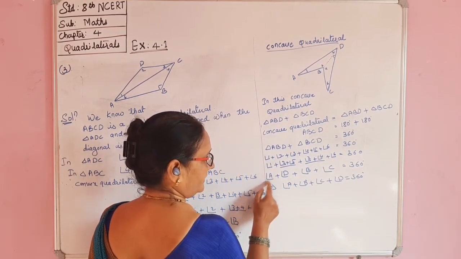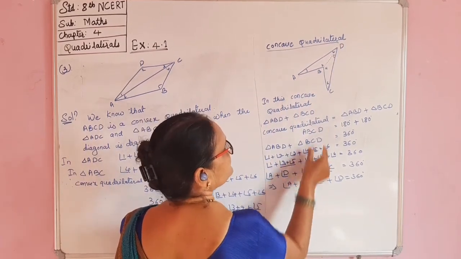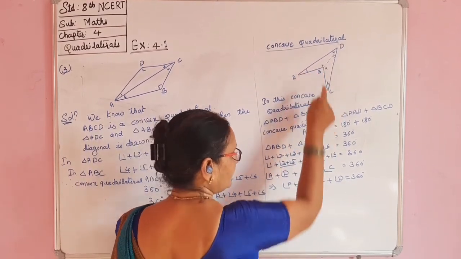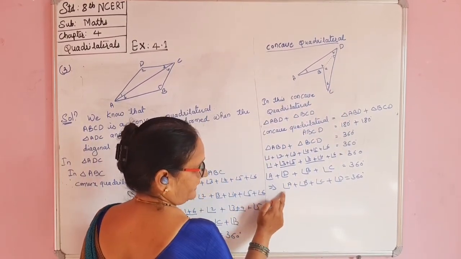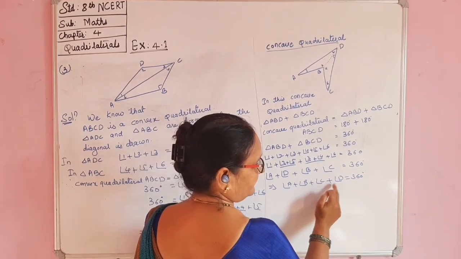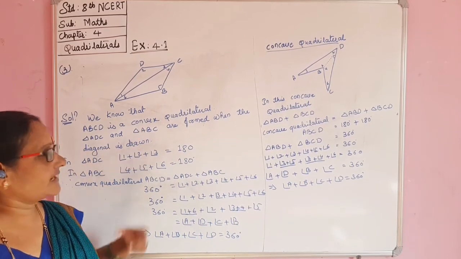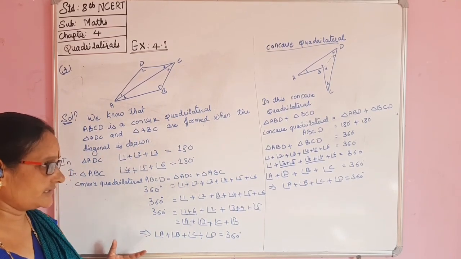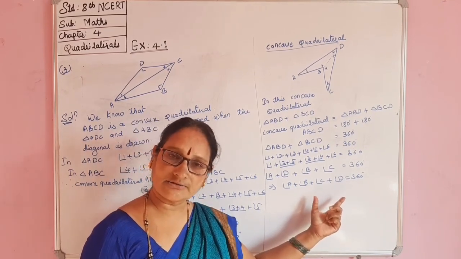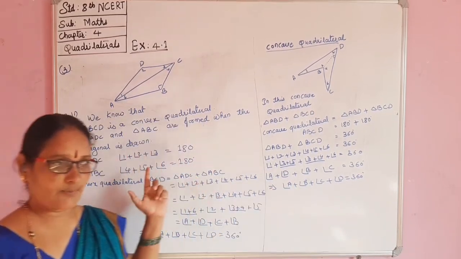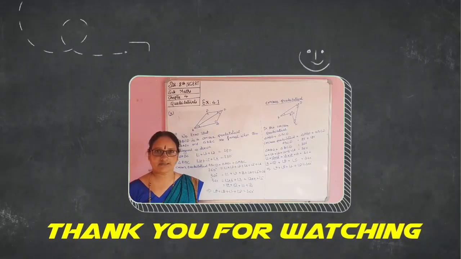Angle 1 is A. 2 plus 5 is D. 3 plus 4 is B. Angle 6 is C. So this is what: angle A plus angle B plus angle C plus angle D is equal to 360 degrees. How the convex quadrilateral's sum is 360 degrees, the same way the sum of the concave quadrilateral is also 360 degrees. That means this property holds good for both convex and concave quadrilateral.